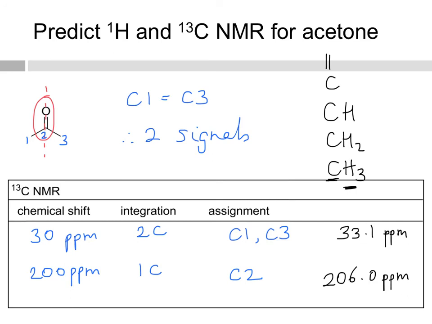A quaternary carbon is going to be a very weak signal because it has no hydrogens feeding into it. And so it's hard to predict how high these peaks would be and how much it would integrate to. So we would be able to compare, for instance, a methyl to another methyl, but comparing the height or the integration of a methyl to a methine or a quaternary carbon is not going to give us any accurate results.